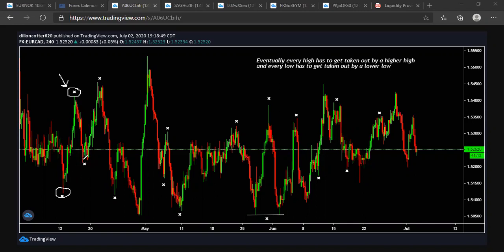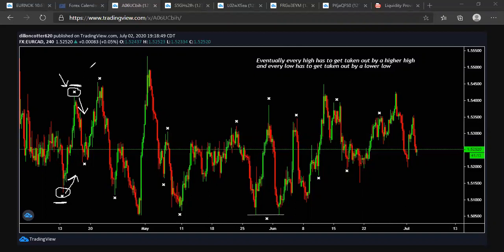For instance, say someone's buying here, they'll have their stop loss maybe 15, 20 pips below, and say somebody's selling here, they'll have their stop loss 15, 20, 30.